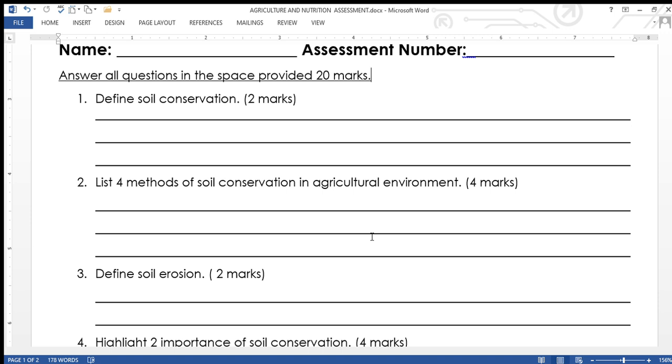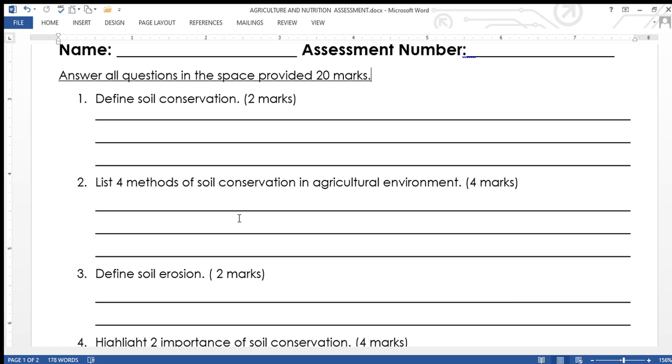Soil erosion involves removal of top-fertile soil that contains most of the soil's plant nutrients and organic matter. Very good. Can you repeat audibly? It is the removal of top-fertile soil that contains most of the soil's plant nutrients and organic matter. Very good. That is a very comprehensive definition, isn't it?